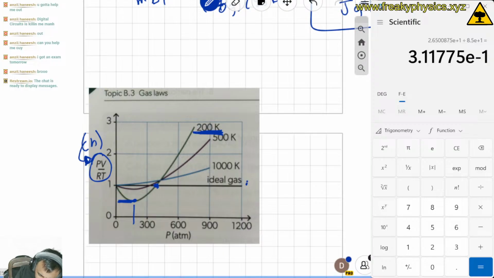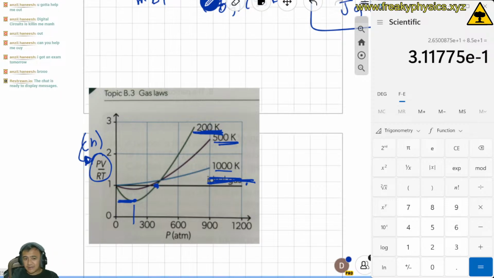All right. So basically, these curves just tell you what the pressure is for a particular temperature. So these are your temperatures, right? So we will ignore this ideal gas for now. When you have these temperatures, you would use these curves to predict the amount of gas that you have for a certain pressure.